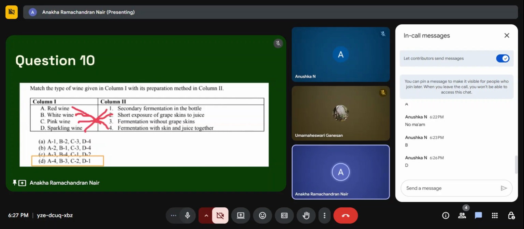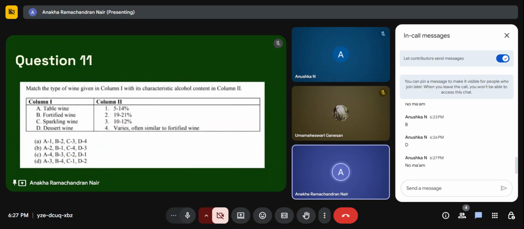Any doubts in this question? All right. So let's move on to question number 11, which is again a match the following type question, where you have in column 1 the type of wine and in column 2 its characteristic alcohol content. So you have table wine, fortified wine, sparkling wine, and dessert wine.